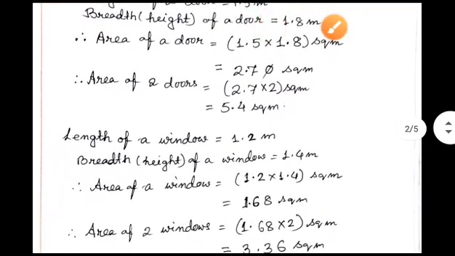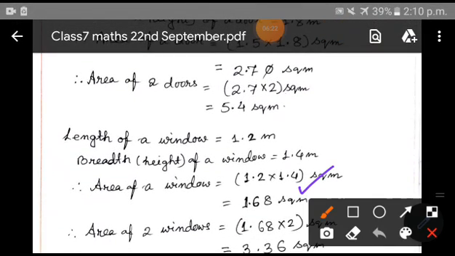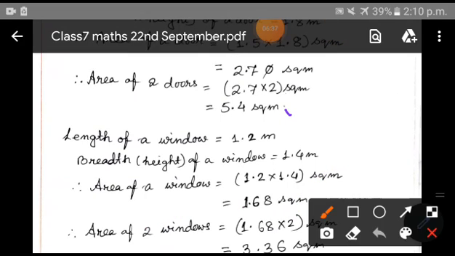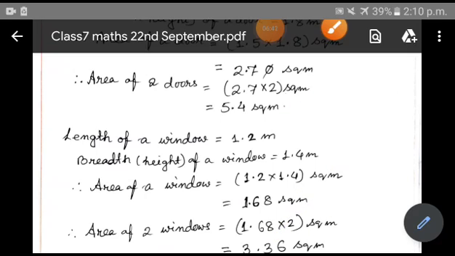Now this is the area of a single window. For finding the area of two windows, you will simply multiply this one with 2. So 1.68 into 2, you are getting 3.36 square meter. So this is the total area of the two doors and this is the total area of the two windows.